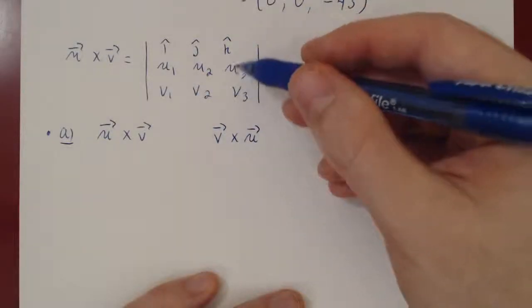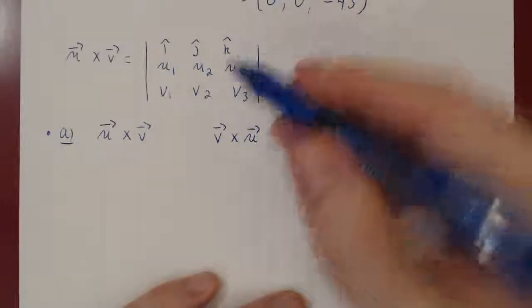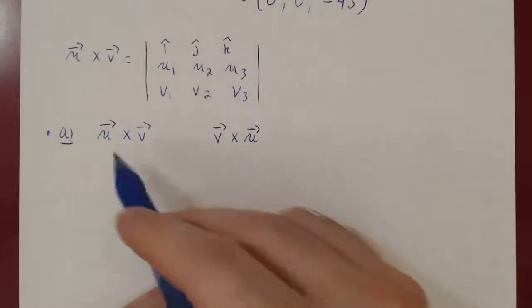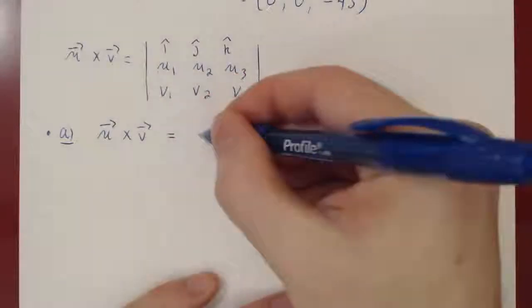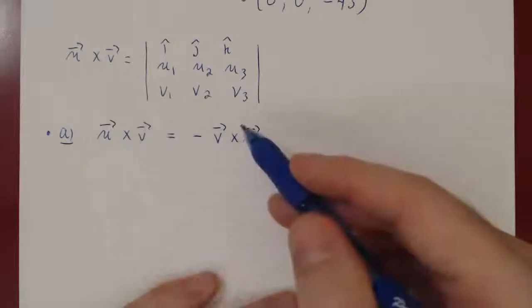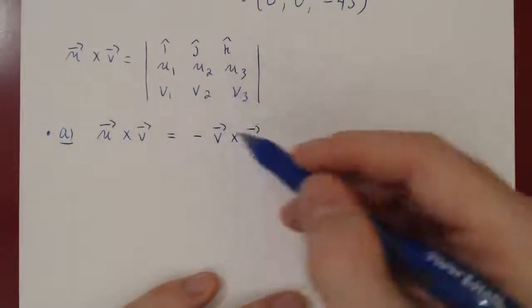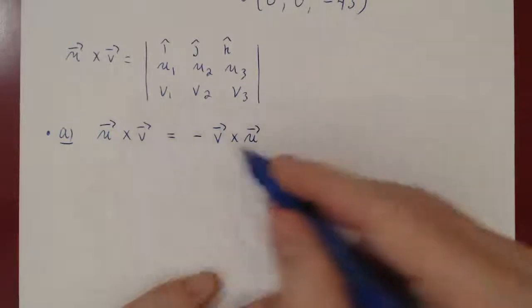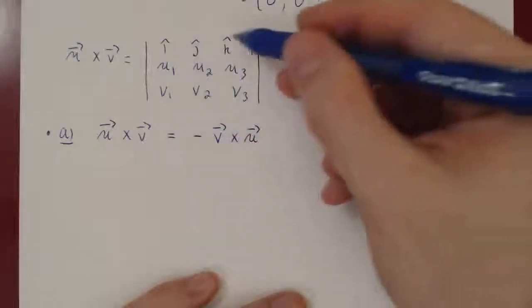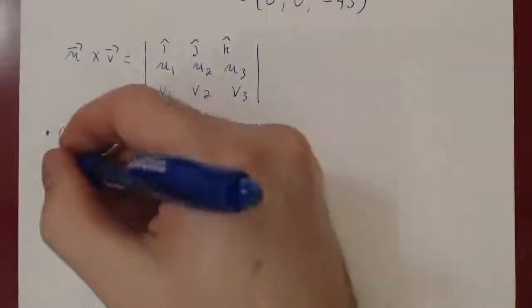But if you remember, if you interchange two rows of a matrix, the determinant becomes negated. And this happens for the cross product. So u cross v will be the negative of v cross u. If you wanted to prove this, compute this directly from the definition, and you'll get the same vector. But remembering properties of the determinant, this is a very natural operation.